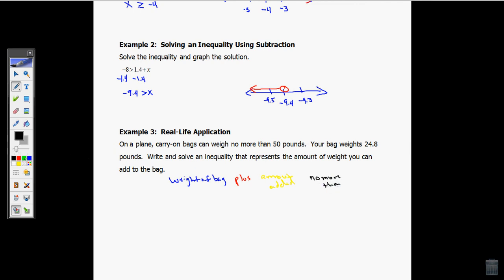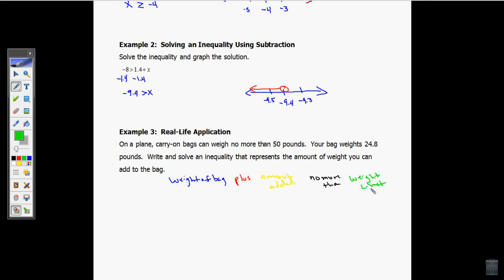The weight limit, whatever that weight limit happens to be. So I've basically just taken these words in these two sentences and converted them into important pieces. Basically what it said was that the weight of your bag, plus whatever you're going to add to it, can't be more than this limit amount.